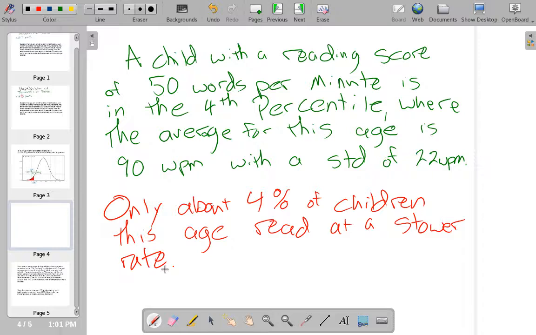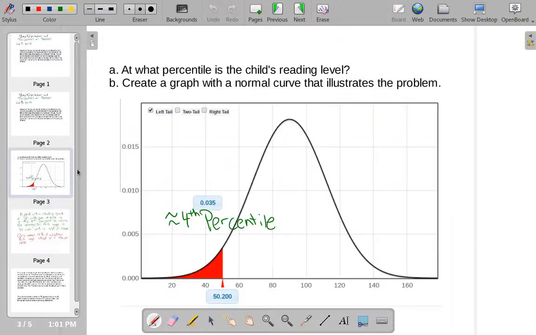And it turns out it gives us this nice symmetric bell-shaped curve. So we expect most kids to read somewhere between 70 and 110 words per minute, right? That's in the middle. About 70% of kids will read in there. And this child, only about 4% of kids read slower than this child. So 96% of kids read faster than this child. So we're a little worried about the child's progress because reading is one of the most important things for all other aspects.